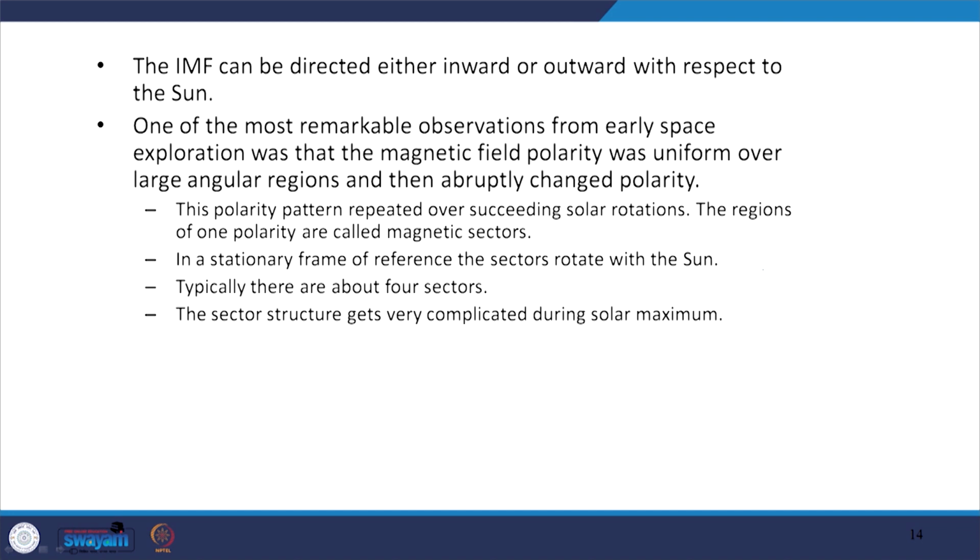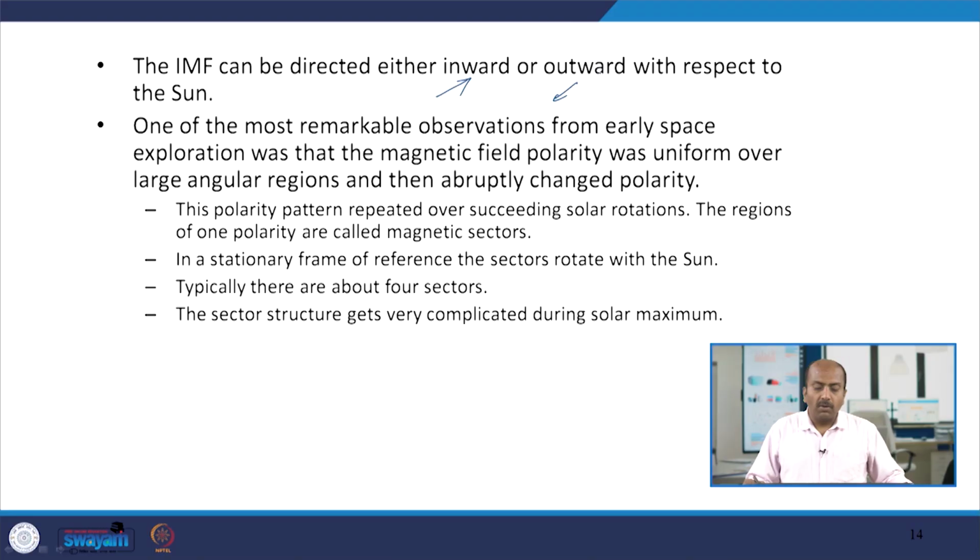So, the IMF at any given point of time can be directed either inwards or outwards with respect to the sun. That means, depending on where you are looking, the interplanetary magnetic field can appear to be outwards from the sun, or if you are looking at a different point below the current sheet, for example, you will find it to be inwards to the sun.